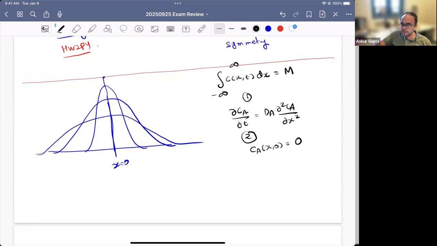I'm just dropping it at that x equal to 0 location. And then we know for infinity comma time, this is equal to 0, and del CA by del x.